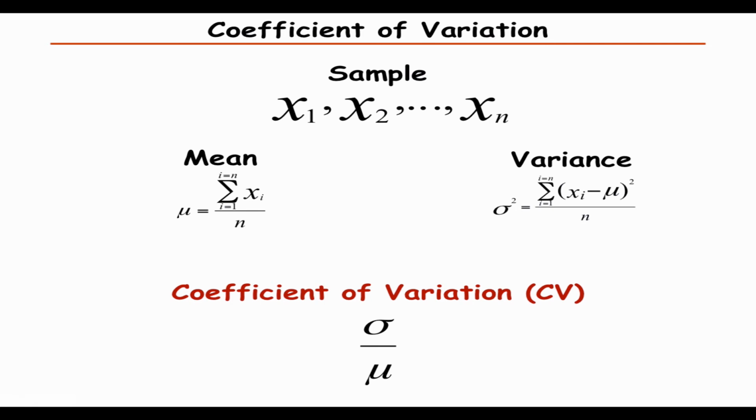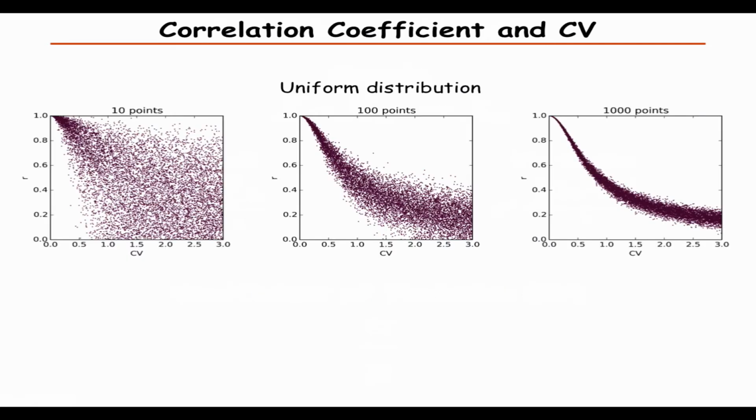So these are simulations using a uniform distribution, meaning x is uniformly distributed like on all the plots that we've seen so far. For different coefficients of variation, plotted on the x-axis, we look at what the correlation coefficient is.